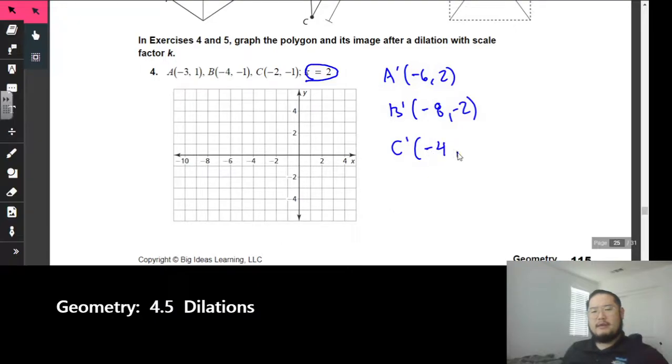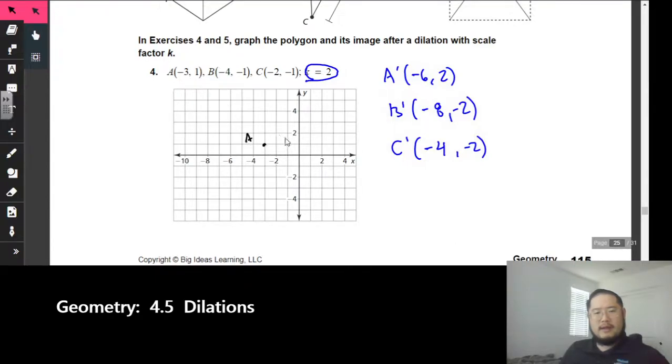We have -4, -2. And those are our points. Let's go ahead and graph everything. Let's start with A, B, and C, the pre-image. Negative 3, 1.